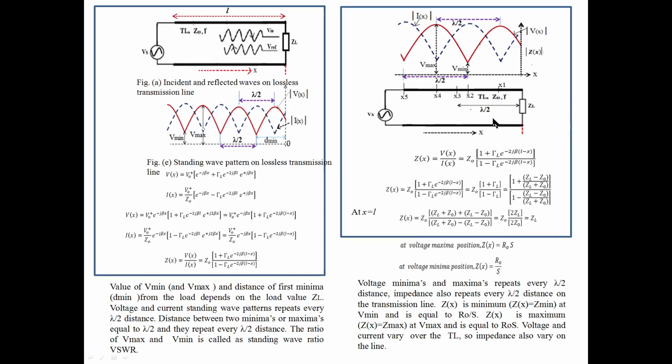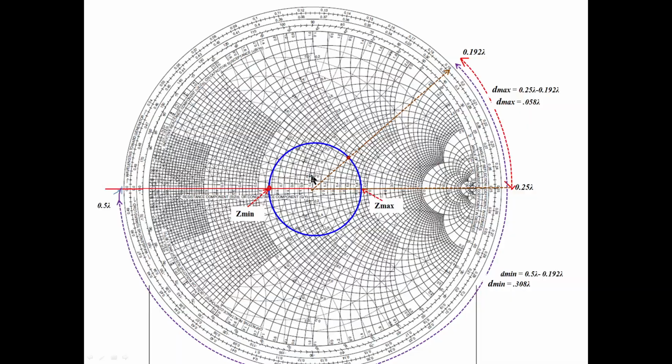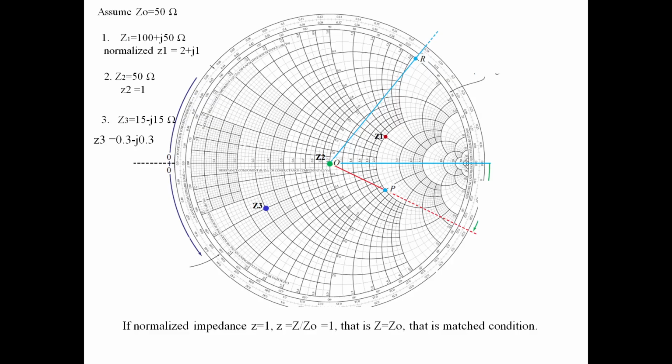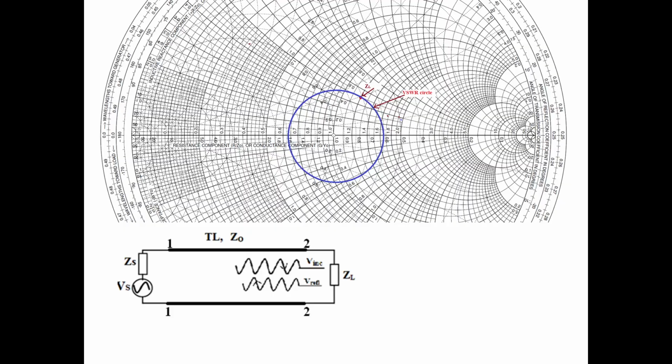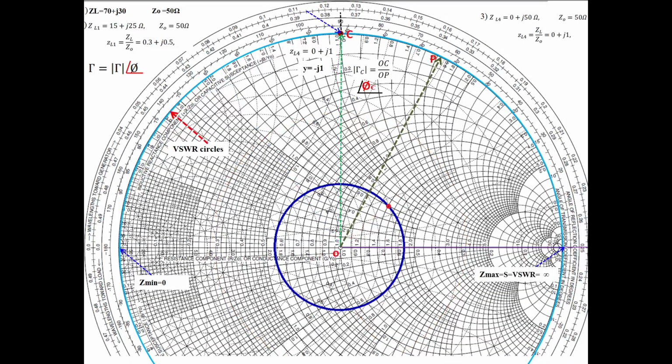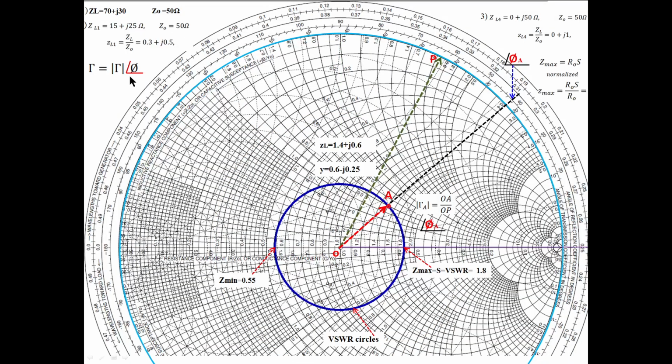For a given load there is a reflected wave, and that reflection is called the reflection coefficient. The reflection coefficient depends upon the load value: it is ZL minus Z0 divided by ZL plus Z0.